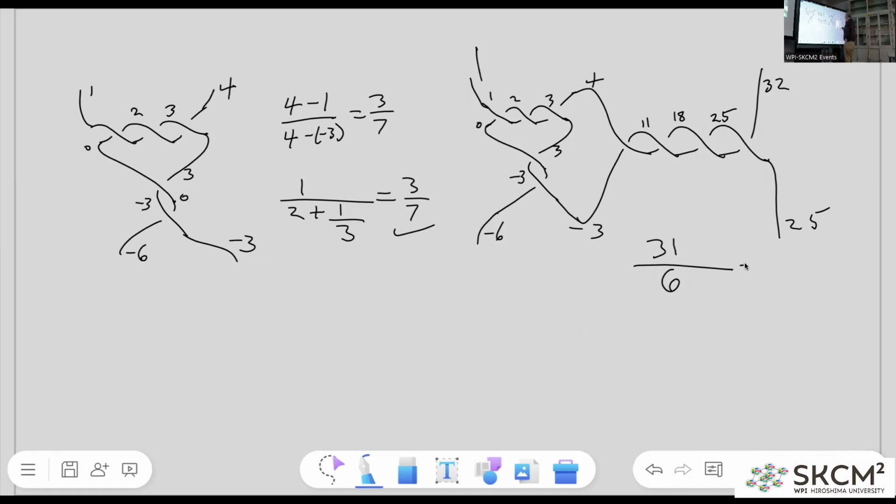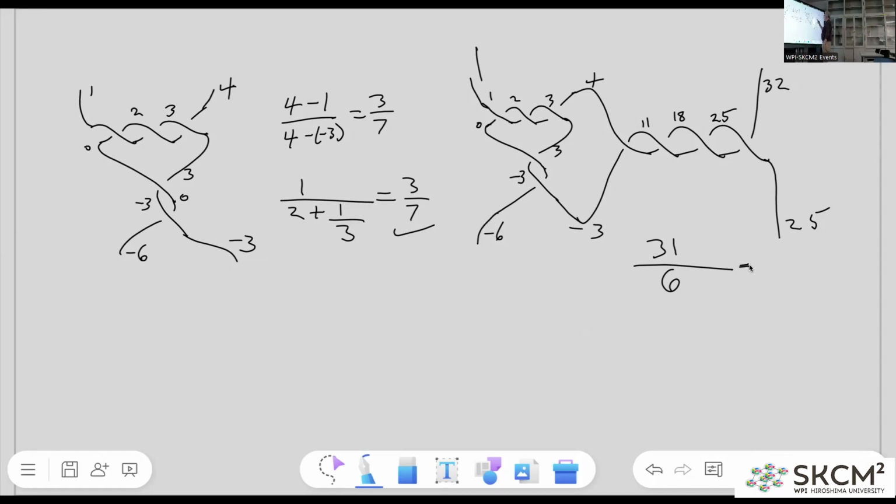Which is equal to 4 times 6, 5 times 6. 1, 2, 3, 4. Must be an arithmetic error here. All good up to this point. We must have made an error here. 2 times 4 is 8 and 3 is 11. 2 times 11 is 22 minus 4 is 18.